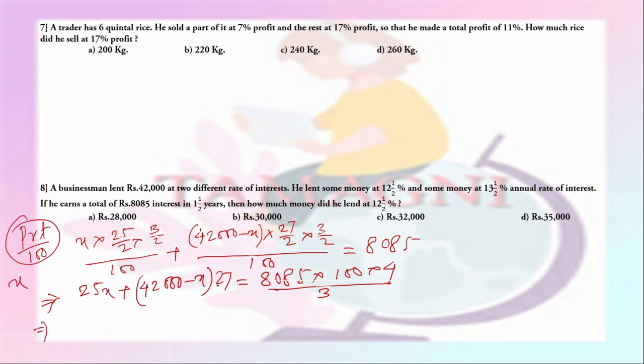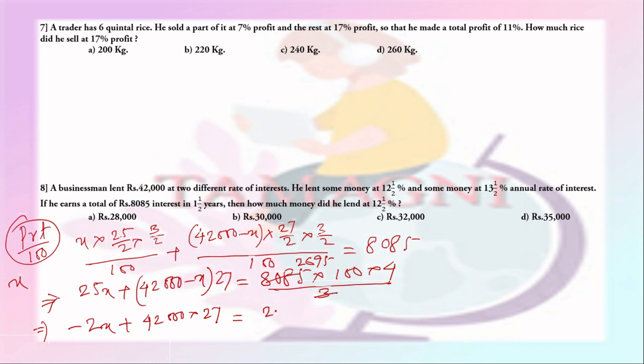here look, if we multiply 27 with 42,000 minus x, then we actually get minus 2x plus 42,000 into 27 equal to, on dividing 8,085 by 3, we actually get 2695.